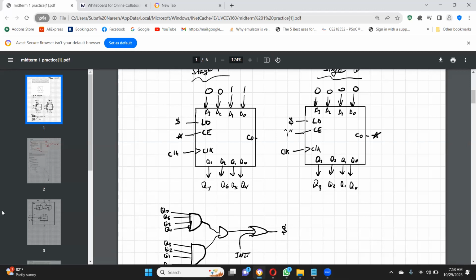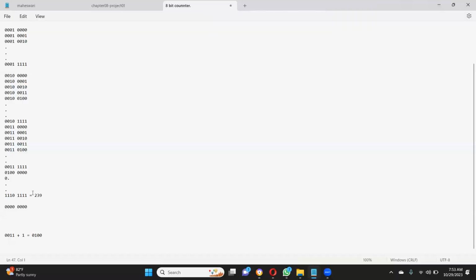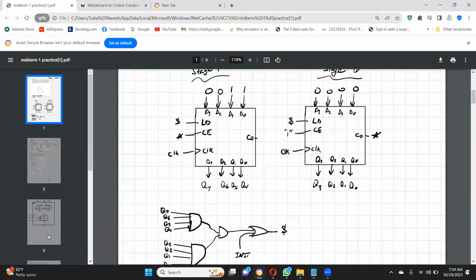It will not increment stage 1 straight away. Only when there is a carry from stage 0, it will increment it, right? I mean, this is actually a carry from stage 0. Wait, can you go back? So when this starts counting, this will be 0, 0, 0, 1. So it will start here, counting from stage 0 only.